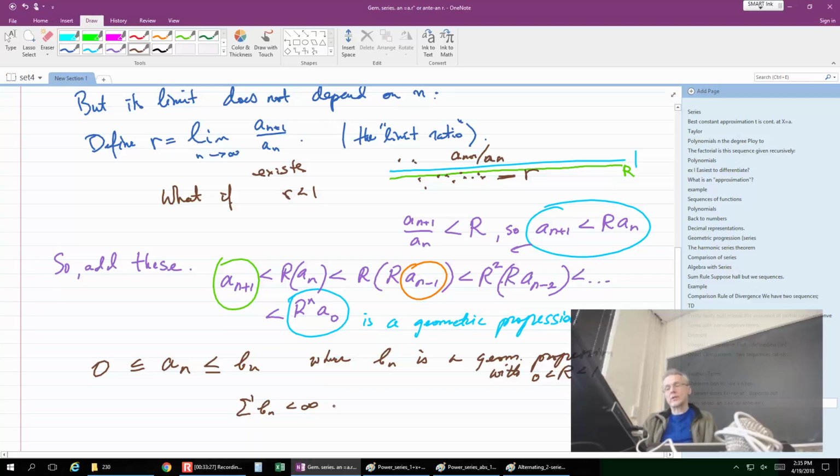So we have that the series is convergent, and we have an inequality, a direct comparison. The direct comparison test applies to this situation, and so we conclude that the sum of a_n is also convergent.